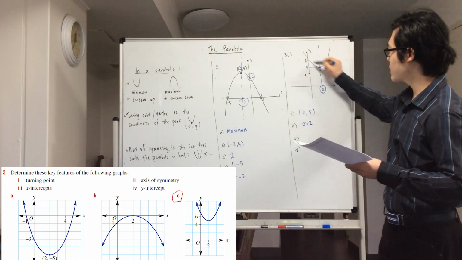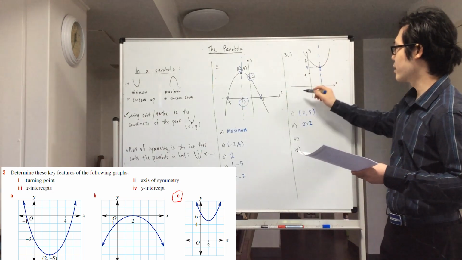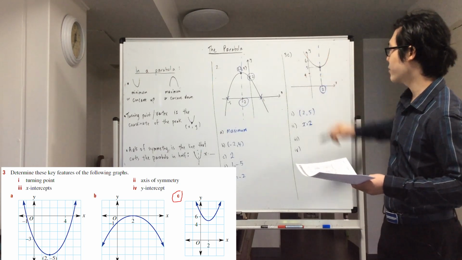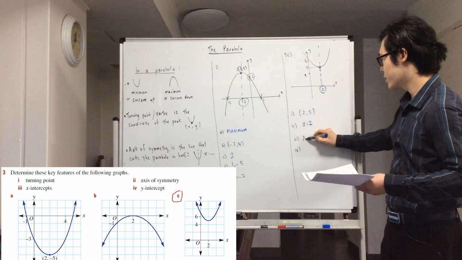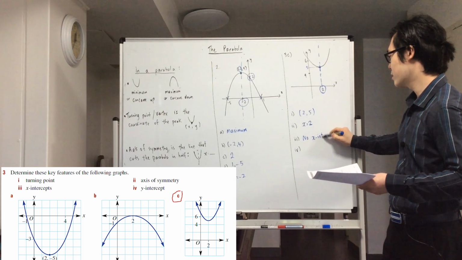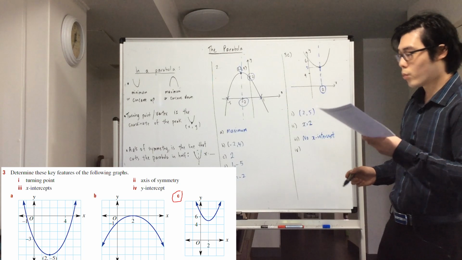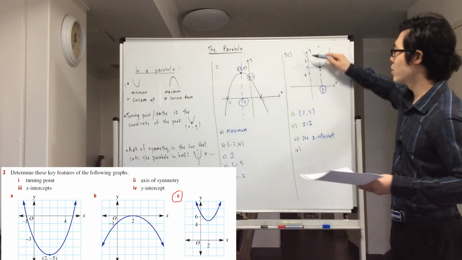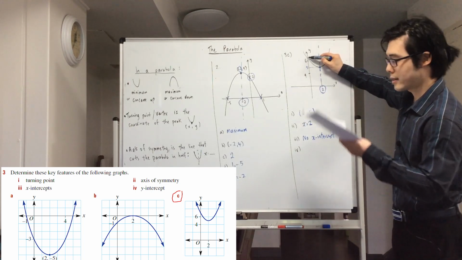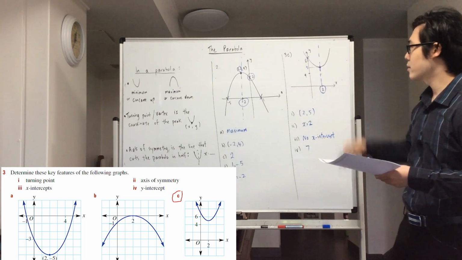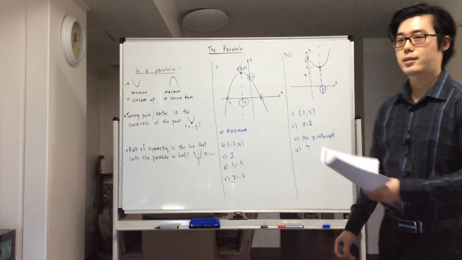X-intercepts, does this graph or parabola touch the x-axis at all? Obviously not, it's above the x-axis, so there is no x-intercepts, okay? Question IV, where does this graph pass through the y-axis? You can see it's there, just above 6, so that'll be 7, okay? So that's how you would read or analyze this parabola.